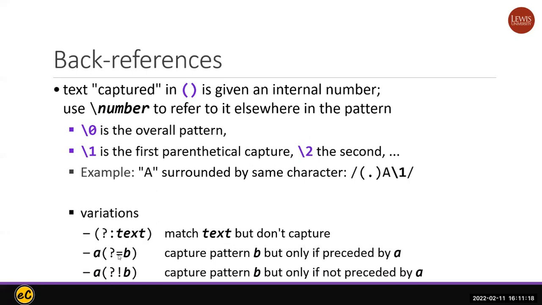And you have A question mark equals B, and A question mark exclamation B. So here, you have \1 for the first capture, \2 for the second capture. So here, surrounded by the same character: the first capture A, A surrounded by the same character, so it first occurs and is captured for later.